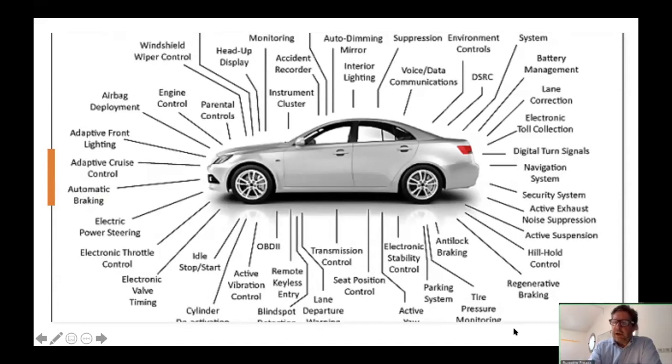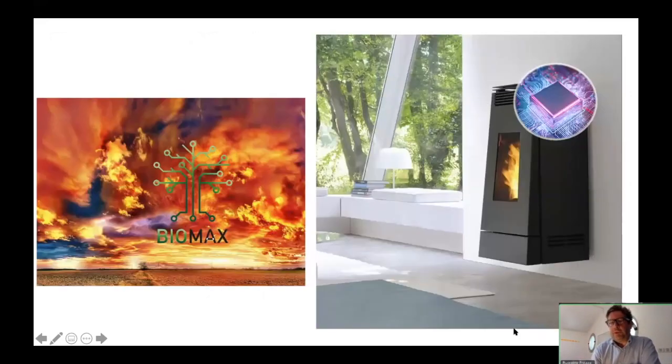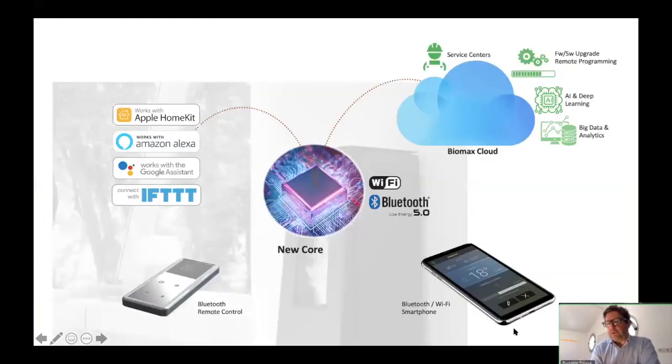But it's not only cars that are there. I put a picture of a product that we interpret as probably a simple, low-cost product, you know, a stove to heat the house, a wood stove. Well, even a wood stove nowadays contains tens of thousands of lines of code, because the stove needs to be interfaced to a smartphone, to the cloud.